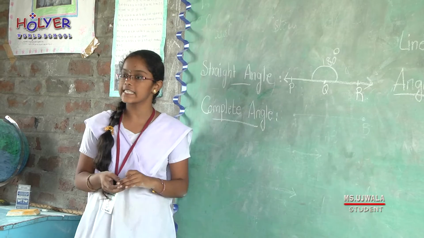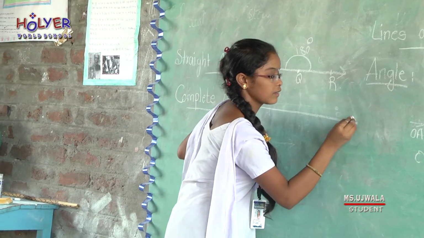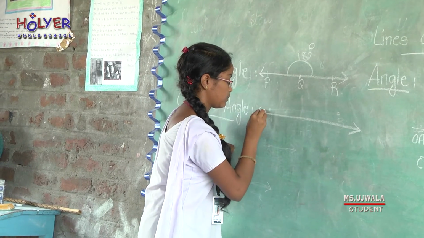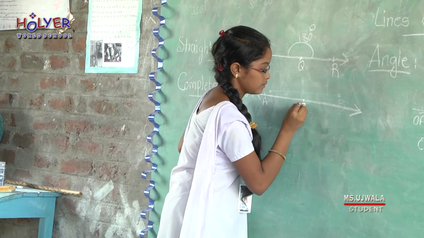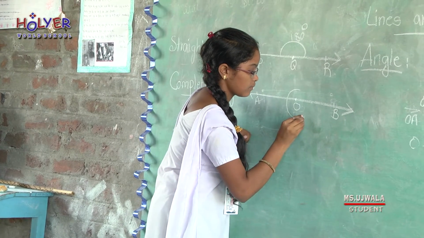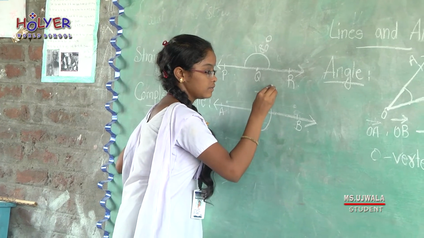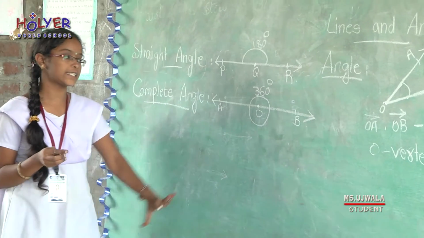The angle with 360 degrees is known as a complete angle. This is a 360 degrees angle.